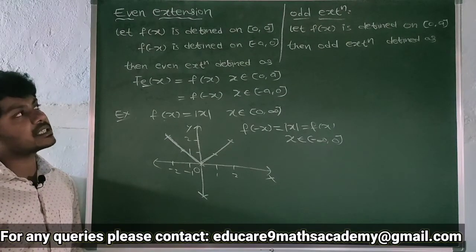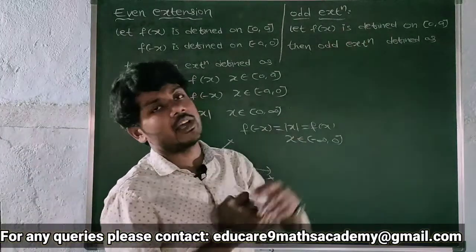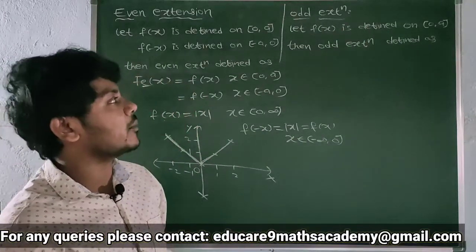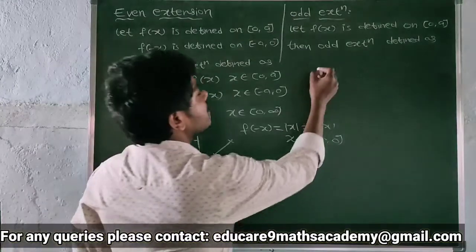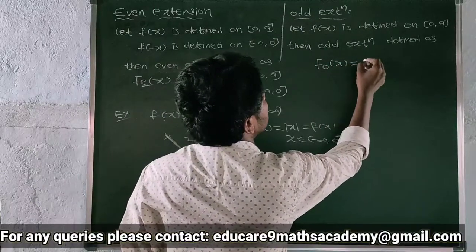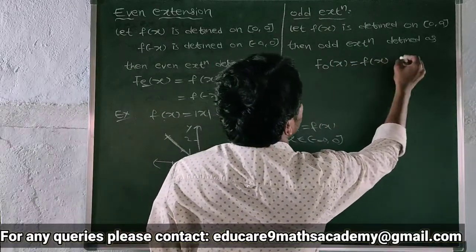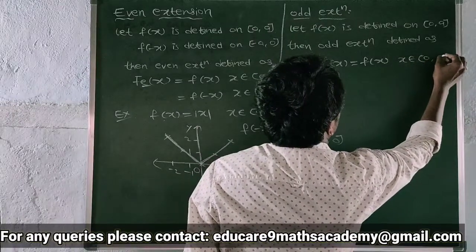And odd extension. So here f of x is defined on the closed interval 0 comma a. Then the odd extension is defined as f odd of x is equal to f of x, where x belongs to the closed interval 0 comma a.